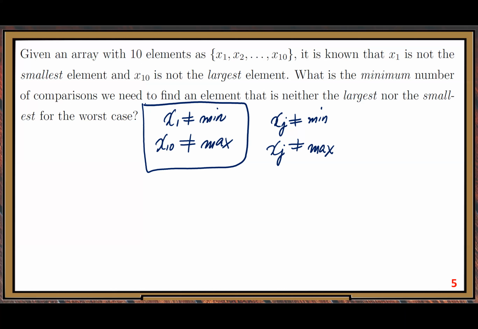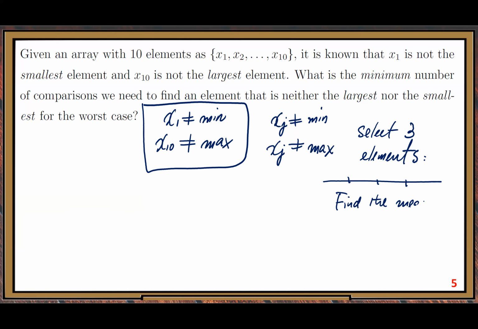First, let's solve that one. That should be simpler than this one. In that one, can we select 3 elements, then find the median with 3 comparisons?